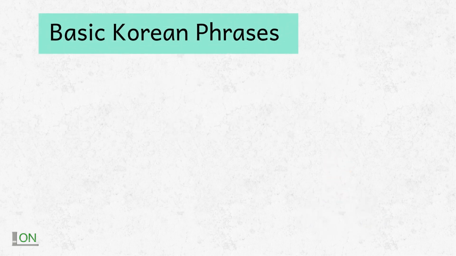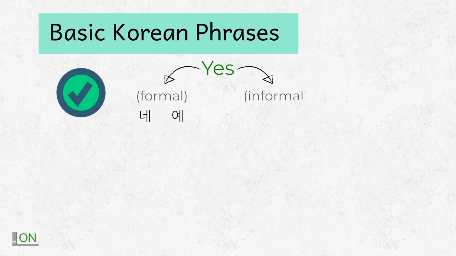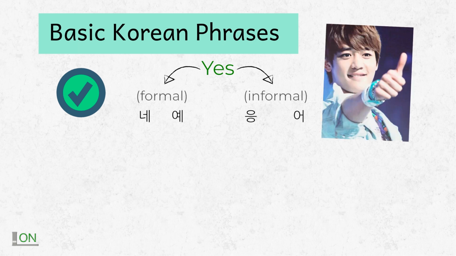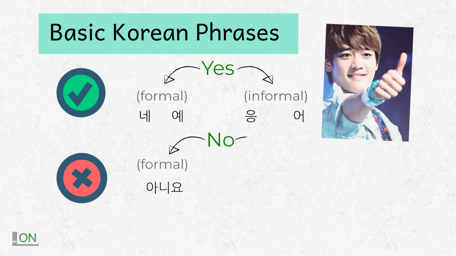How to say yes and no? Yes and no are of course divided into formal and informal again. Yes formally will be 네, 예. Informal 어. You can use whatever variant you like. No formally will be 아니요. No informally will be 아니.